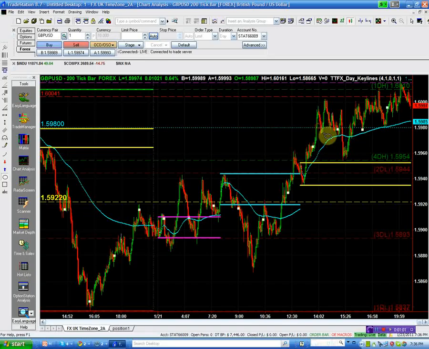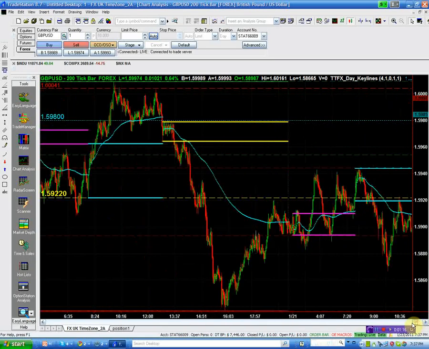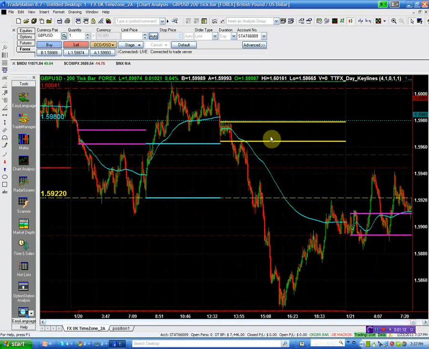Look at this: 1 time, 2 times, 3 times, intraday holding at the 159.80. The session before, sitting at the 159.80. It stops at the 159.80 on the session before.